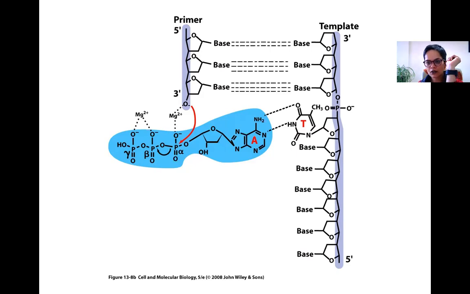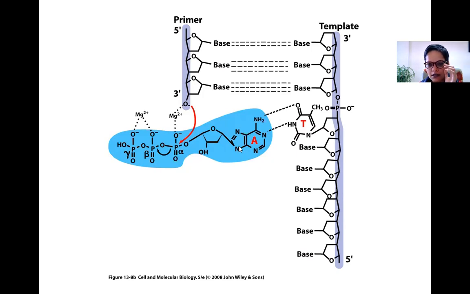So when the polymerase closes like this, only the correct nucleotide, which in this picture is the adenine, which will base pair with the thymine, only when the adenine nucleotide has come will the polymerase be able to close very nicely, accommodate it within the active site, and then it will understand that the correct nucleotide has come, and therefore it will be able to catalyze the phosphodiester bond formation. If the incorrect nucleotide comes, a G comes, for example, it won't be able to close properly, and therefore that nucleotide will be kicked out.